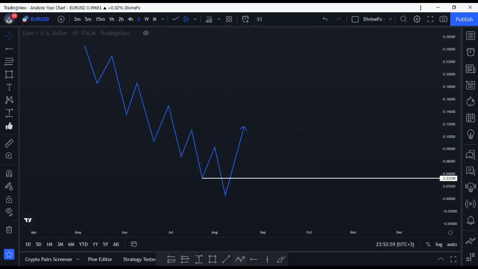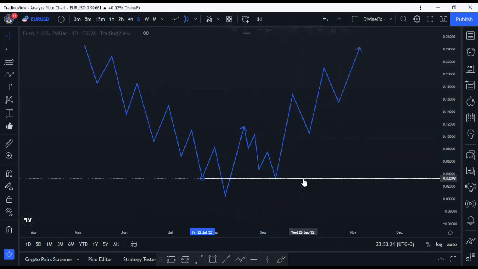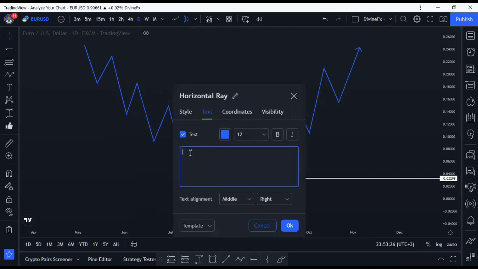After marking our invalidation point, after breaking previous highs and lows, we anticipate the price to come to liquidate, do a correction, and validate this level before proceeding with our bullish trend. So this point over here is an invalidation point.